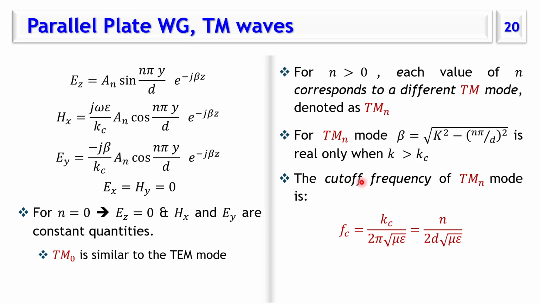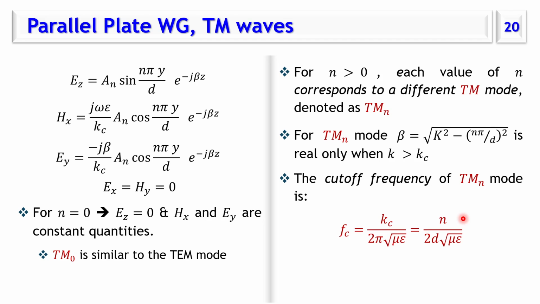The mode will be decaying very fast, and that's why we call this the cutoff frequency, and this is the expression for the cutoff frequency. So in this case, the waveguide is acting as a high-pass filter. It can propagate waves above a certain frequency.